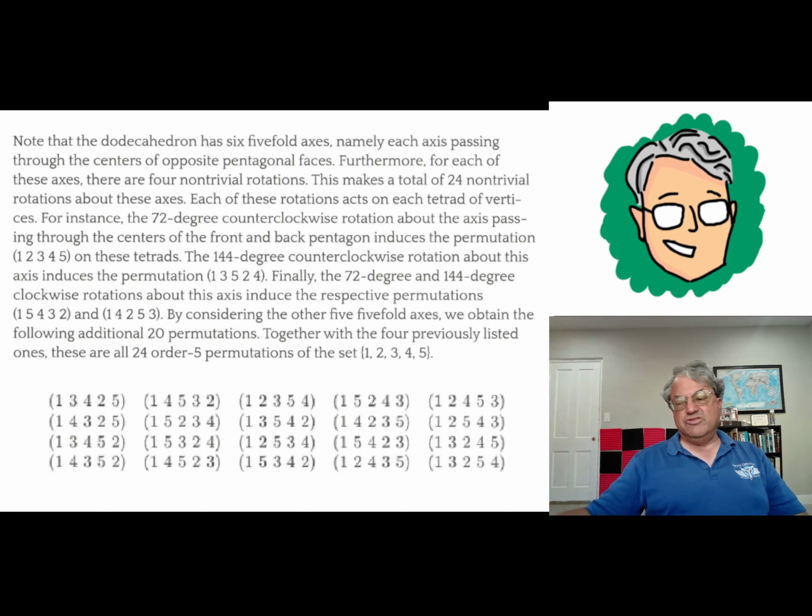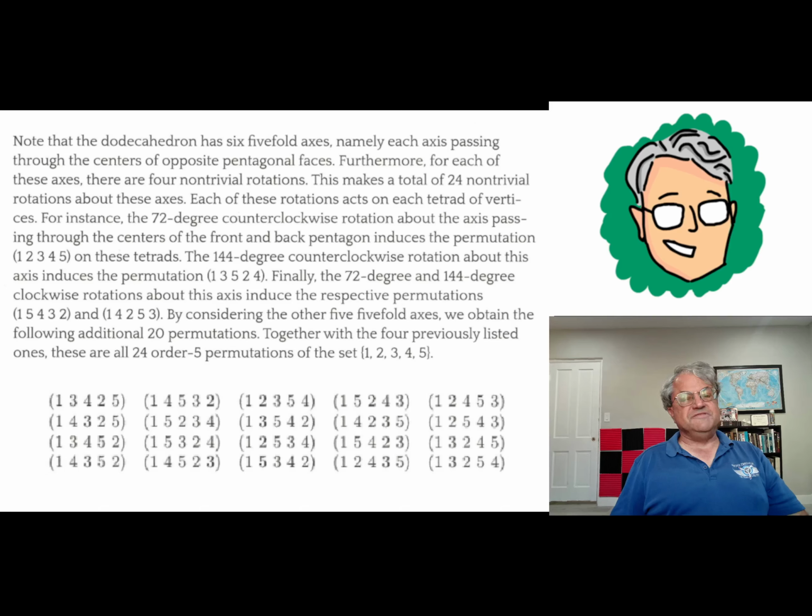But then remember, there's 12 vertices of a regular icosahedron, just like there's 12 faces of a dodecahedron. That means there's 6 of these axes, because each axis goes through a pair of opposite vertices.